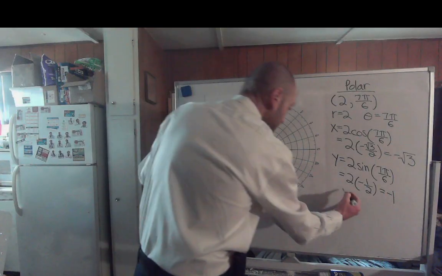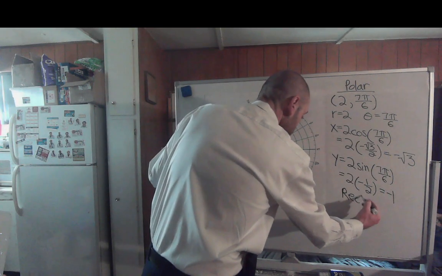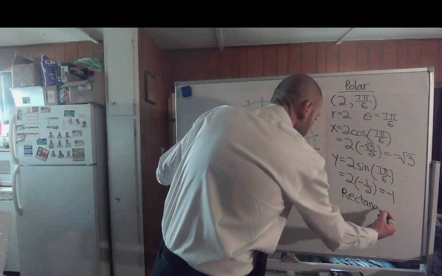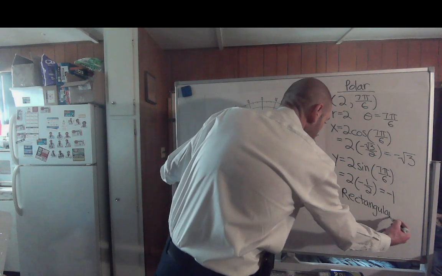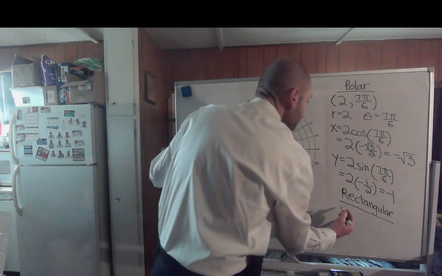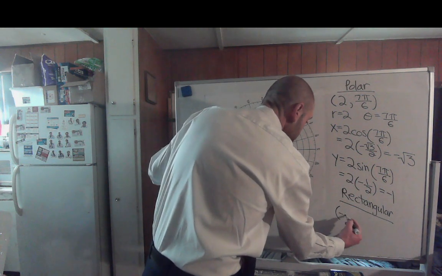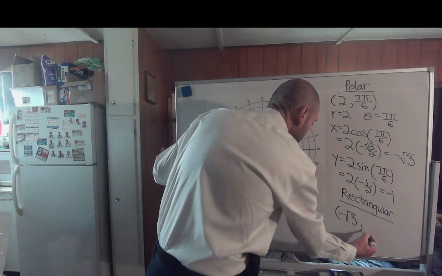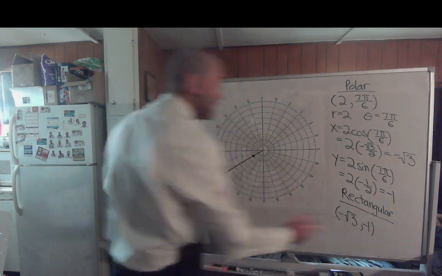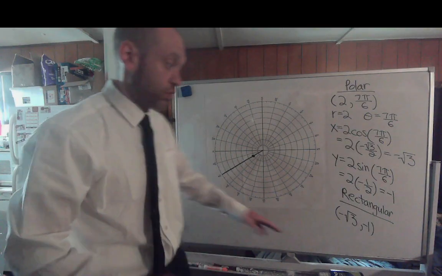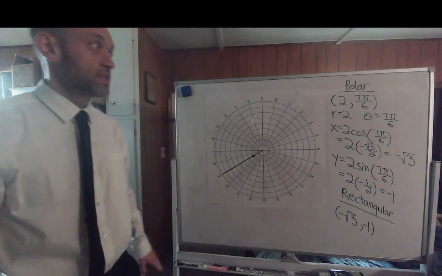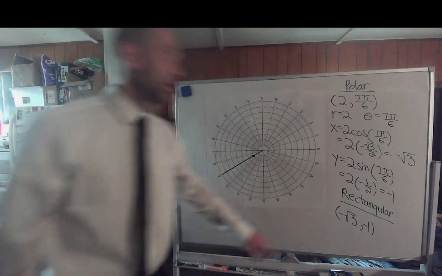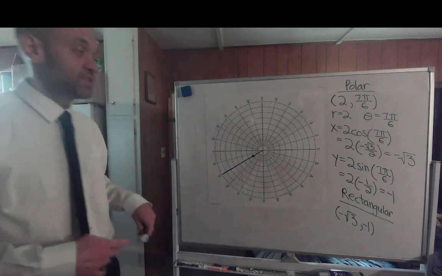So now I got my x and y coordinates. My rectangular coordinate would end up being (negative square root of 3, negative 1), and that would definitely put me in the third quadrant, even in the rectangular system. So there is my rectangular equivalent to (2, 7π/6).